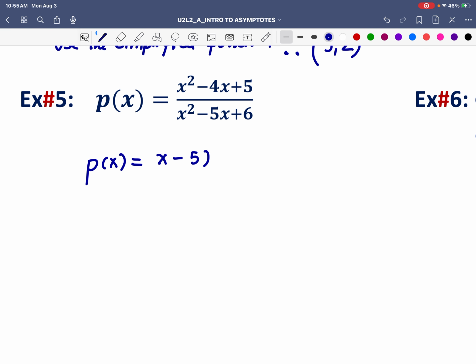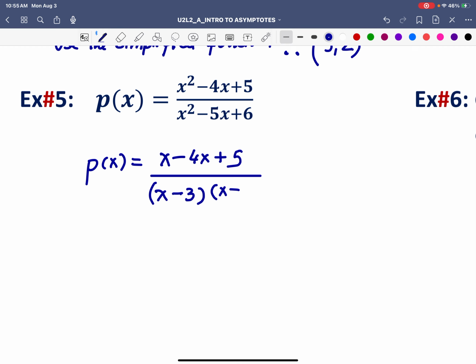X squared minus 4x plus 5, okay, so that is not factorable. And then the denominator is x squared minus 5x plus 6. So that's (x minus 3)(x minus 2).